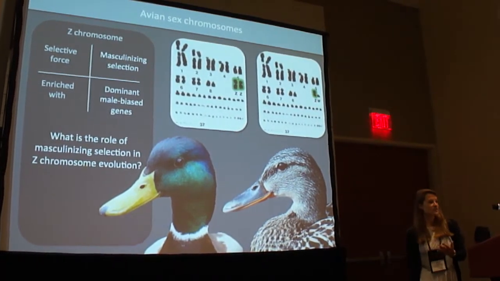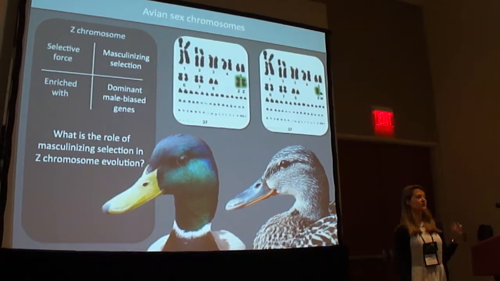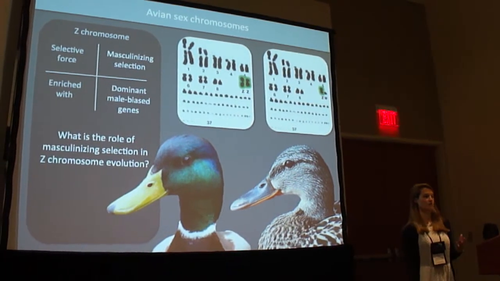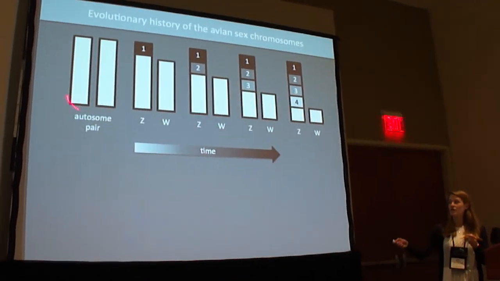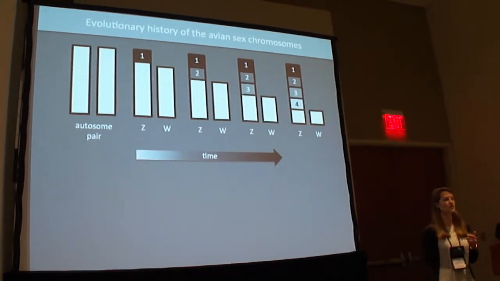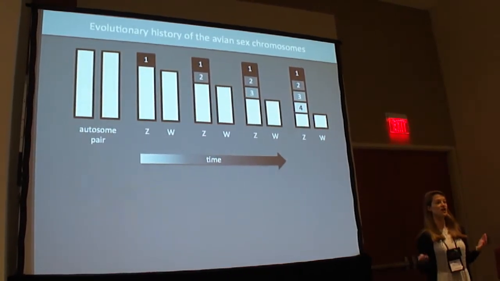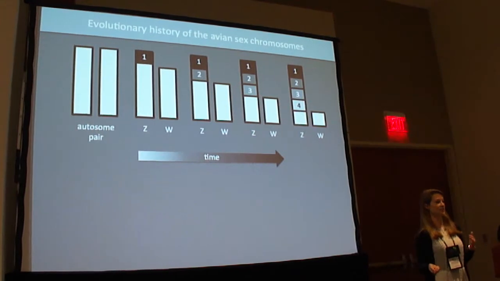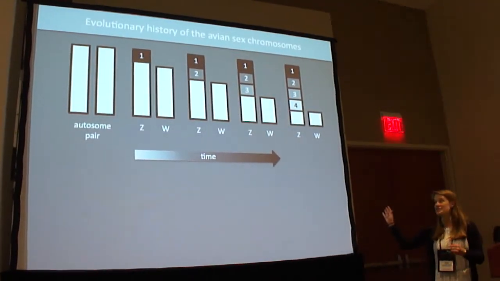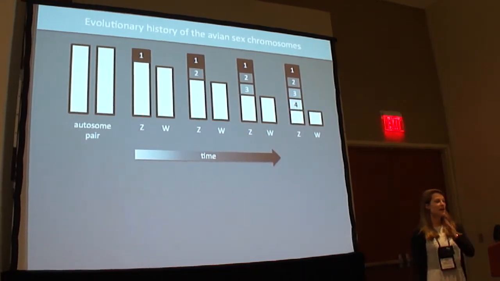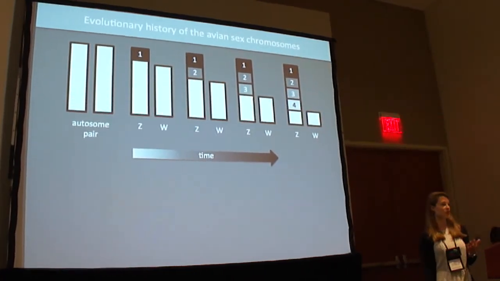So in order to answer this question, the first thing that we need to do is understand how the sex chromosomes evolve. So sex chromosomes evolve from an identical ancestral pair of autosomes, and they differentiate and diverge as recombination is suppressed. So this stepwise cessation of recombination spreads across the sex chromosome over time, and you can call these different regions strata.